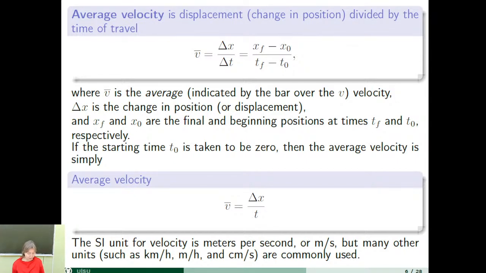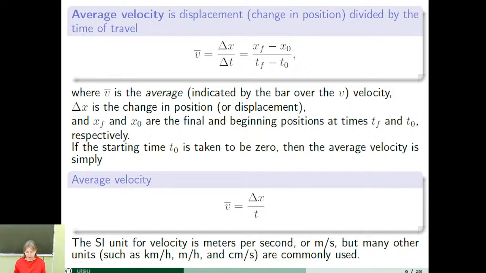where v, indicated by the bar over the v, is the average velocity. Delta x is the change in position or displacement, and xf is the final and x0 is the initial position at times tf and t0 respectively.